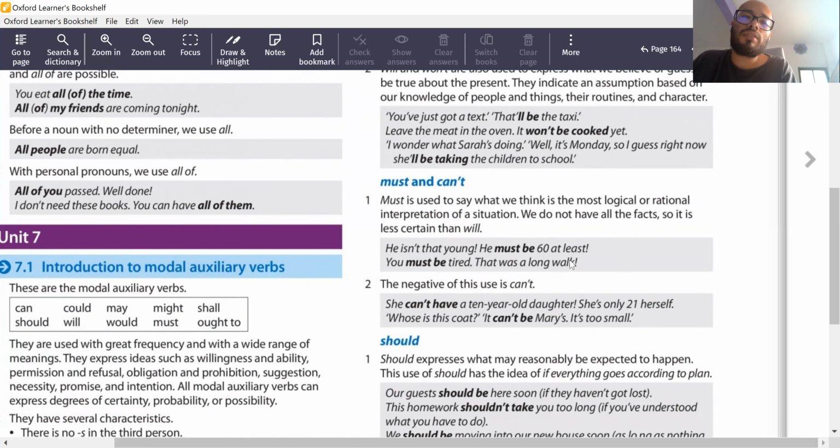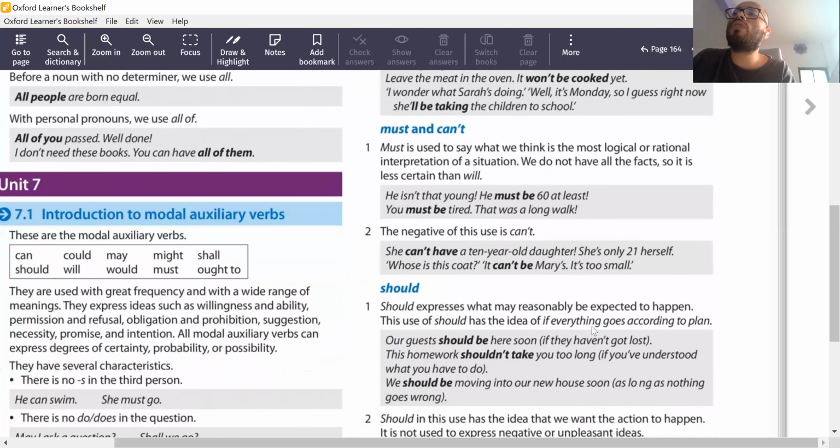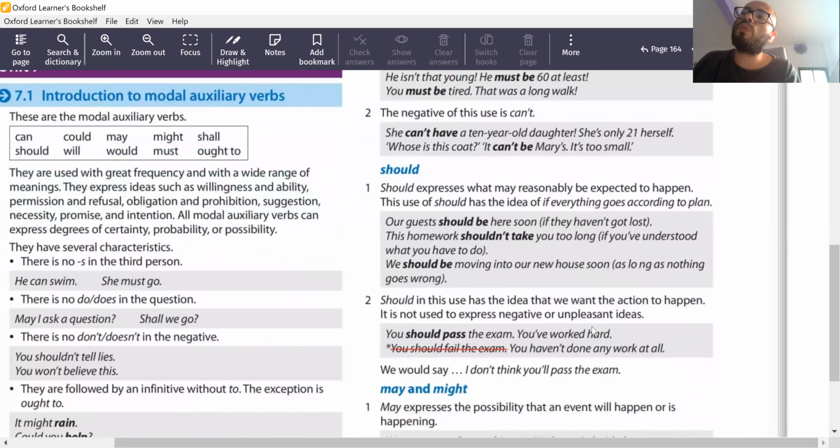It is something that you are certain about. He must be, or he can't be. He can't have a 10-year-old daughter, she's only 25. Should expresses what may reasonably be expected to happen. Should has the idea of if everything goes according to plan. Our girl should be here soon.